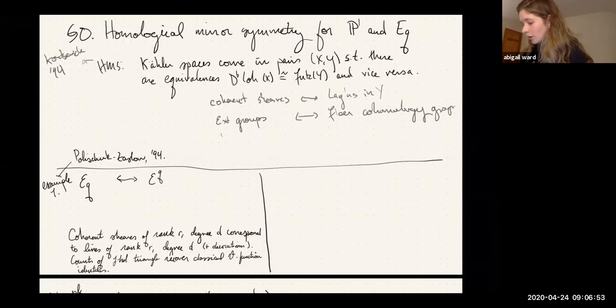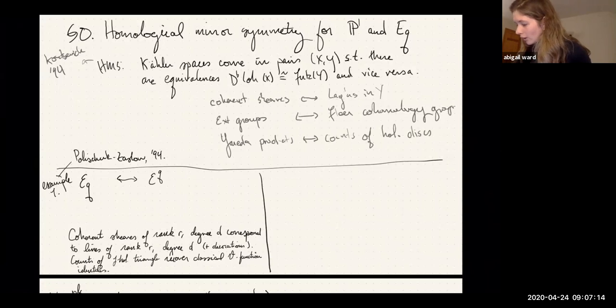Then, given two sections of a sheaf or something, you can multiply them. In general, you have this unital product on Ext groups. So the products on this side are going to correspond to counts of holomorphic disks in Y. On the left-hand side here is my complex side, and the right-hand side is the symplectic side.